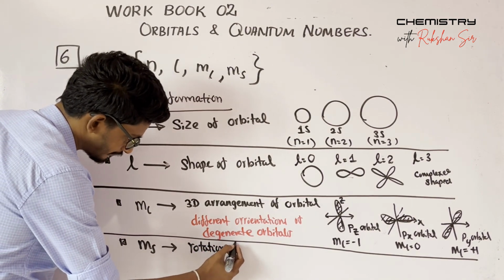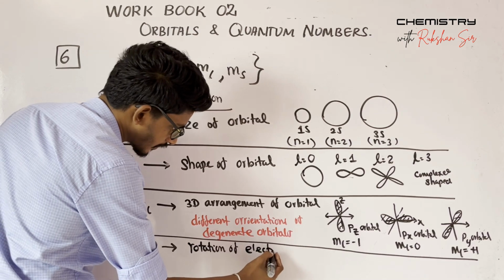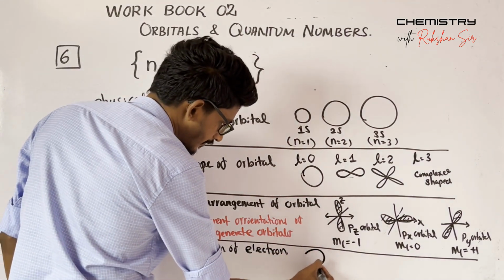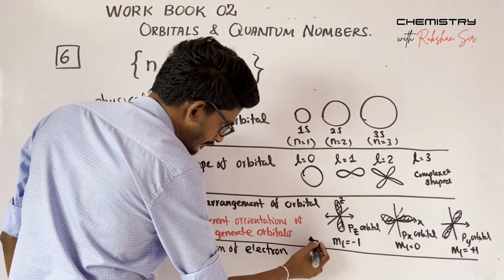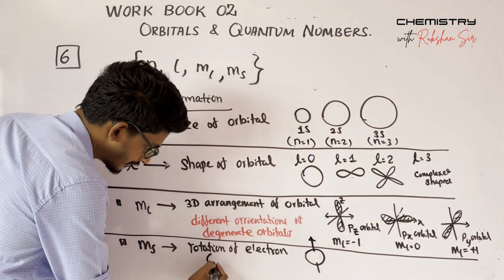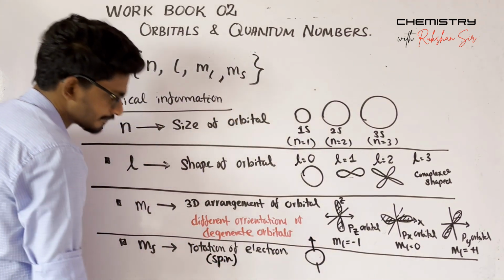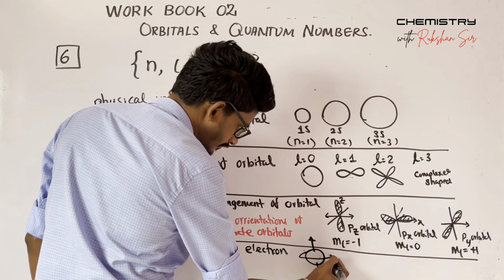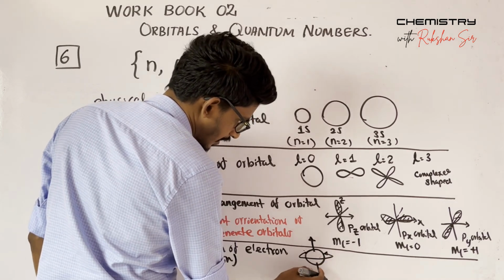Rotation of the electron could be clockwise or anti-clockwise, the spin.